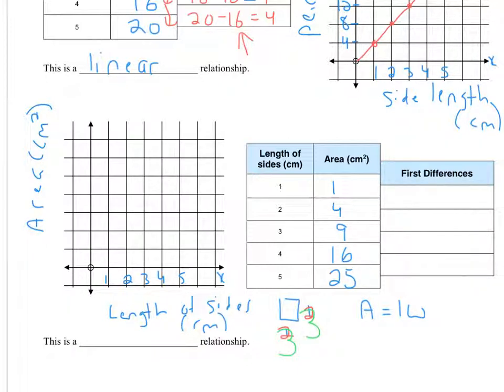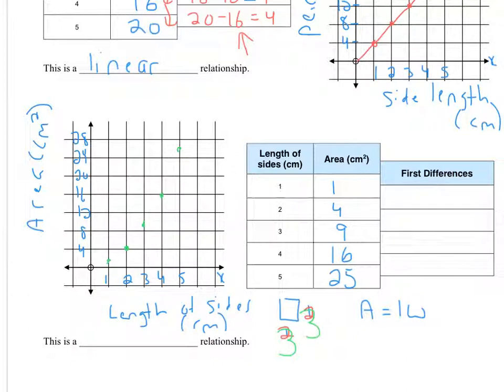So let's see, 4, 8, 12, 16, 20, 24, 28. So again, I'm going to go up in 4s. So let's plot the points. 1, 1 is going to be down here. 2, 4 is up here. 3, 9. 4, 16. And 5, 25.